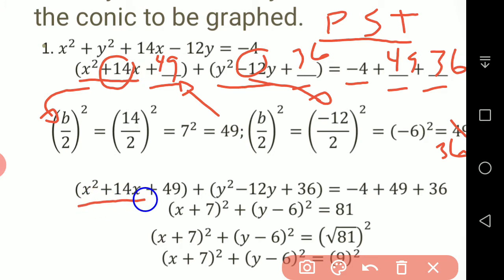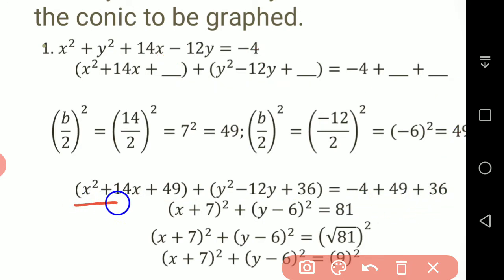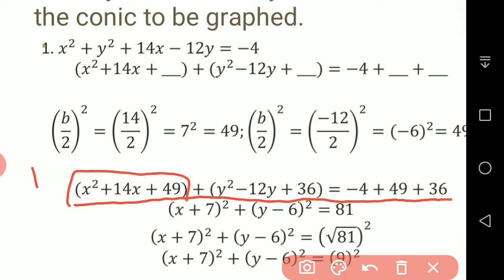That explains our equation over there. Then simplifying it, x squared plus 14x plus 49 is now a perfect square trinomial, as well as this. These two are both perfect square trinomials.